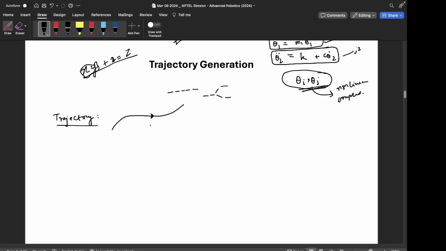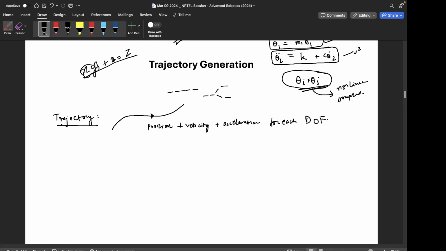But trajectory does not only involve position information, it also involves velocity and acceleration for each degree of freedom, right?